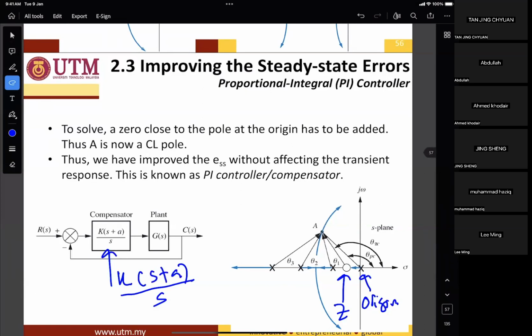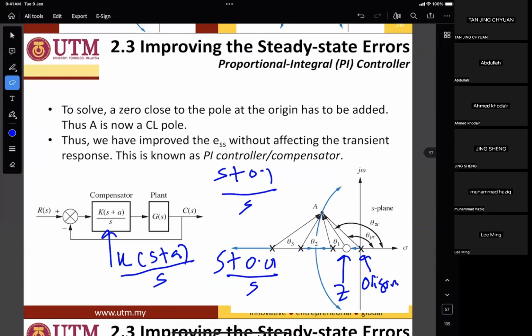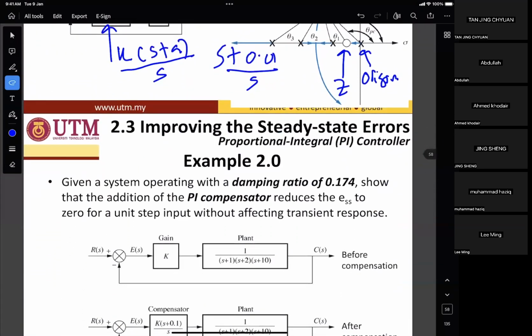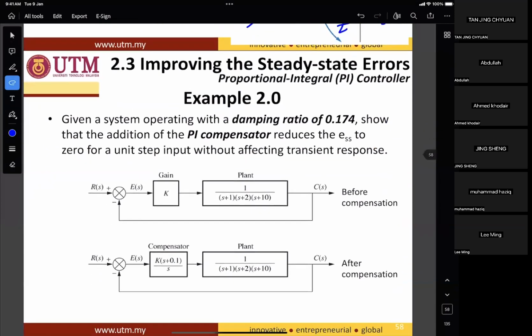Designers sometimes use S plus 0.1 divided by S, or S plus 0.01 divided by S. Small, 0.1, 0.15, as long as it is near the pole at the origin. It will cancel out the pole at the origin, because we are incrementing the system type. So type 0 becomes type 1, and then the error will become 0.